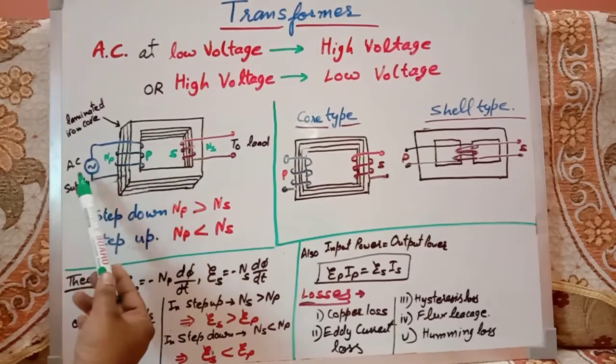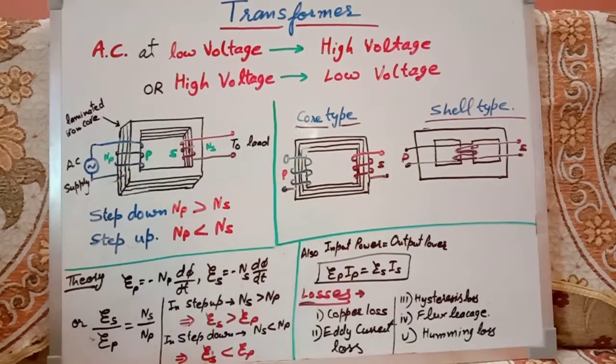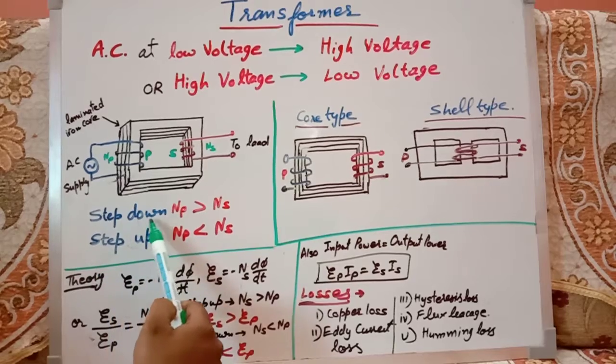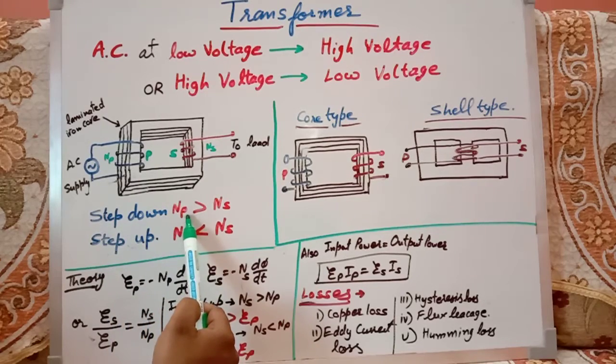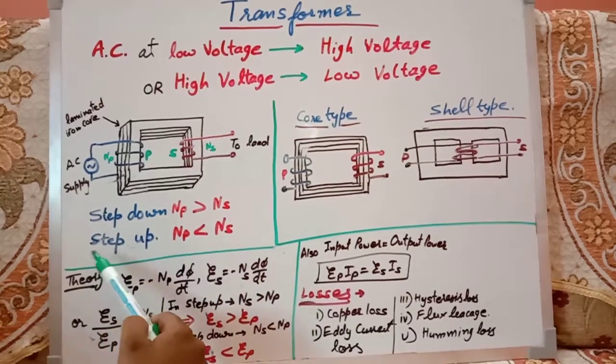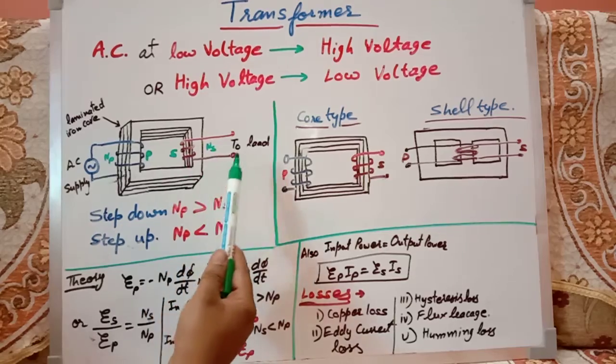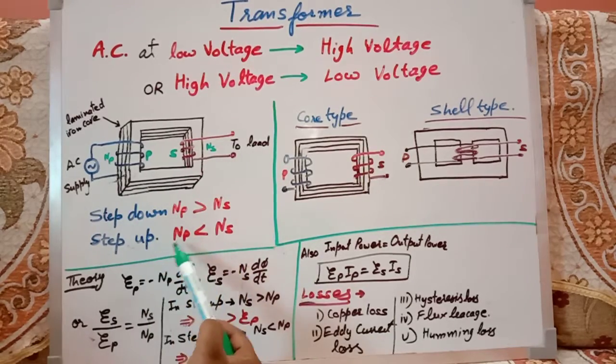The primary is connected with the AC supply and the output of the secondary goes to the outer load. For a step down transformer, NP should be greater than NS, or NS should be less than NP. And for a step up transformer, the number of turns in the secondary coil should be greater than the number of turns in the primary coil.